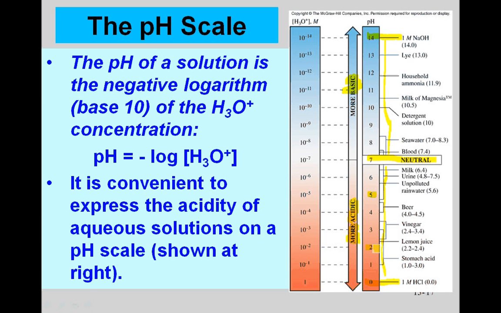Now, on the base side, it's opposite. So we start at 8 and work our way up to 14. Well, 14 is the most basic, meaning it has the most hydroxide ions. So as you go up to the larger numbers on the basic side, you're more basic. All right.